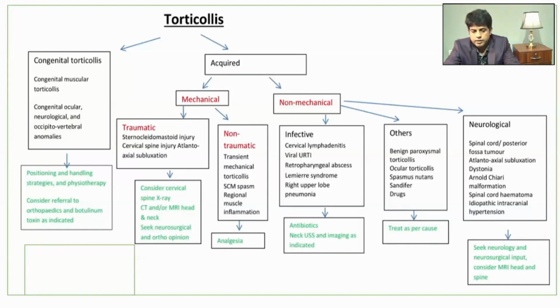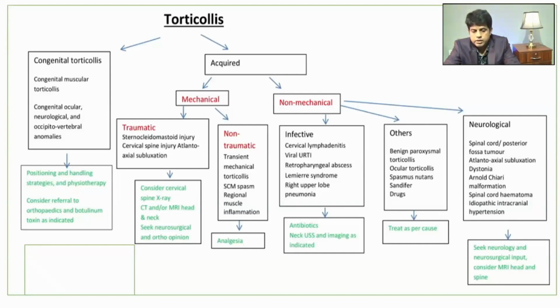And acquired torticollis can be categorized broadly as mechanical and non-mechanical. And again, mechanical can be categorized broadly as traumatic and non-traumatic. And traumatic mechanical torticollis, the examples include injury to the sternocleidomastoid muscle, cervical spine injury, and atlantoaxial subluxation. So in such children, investigations include imaging, which includes cervical spine X-ray, CT, plus or minus MRI of the head and neck.